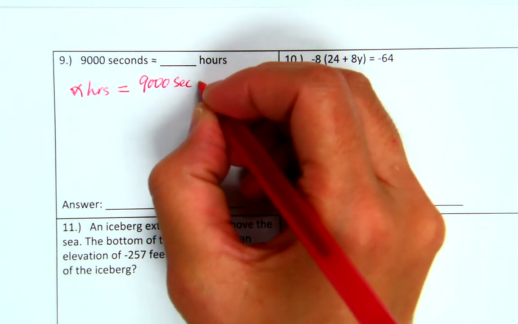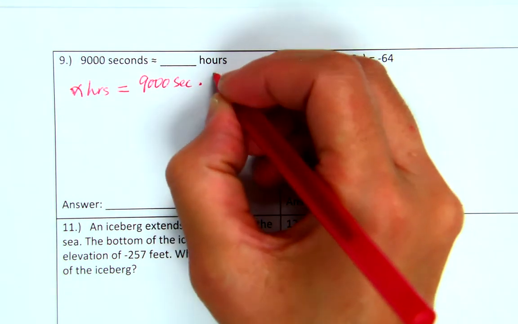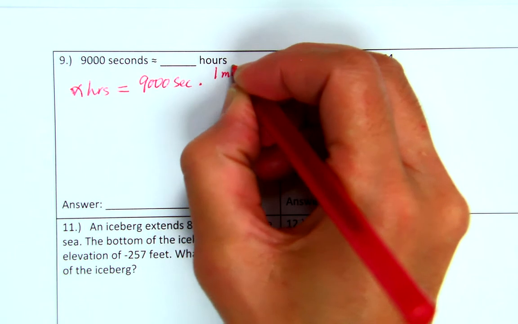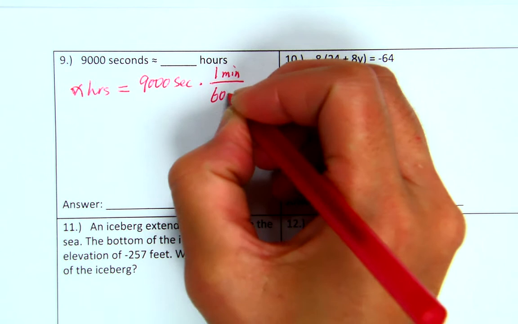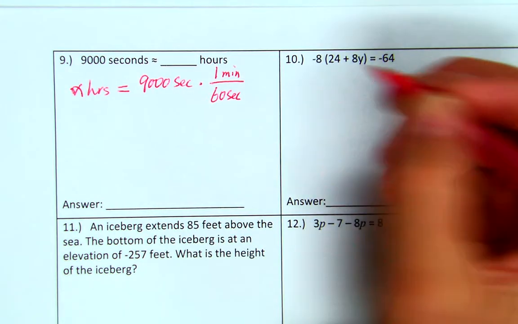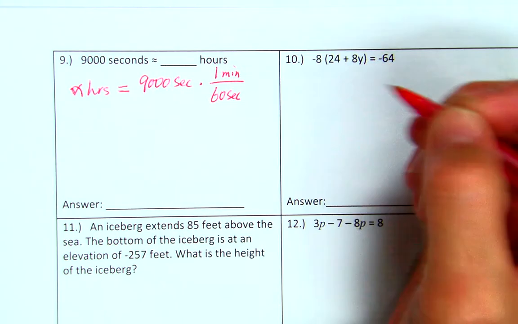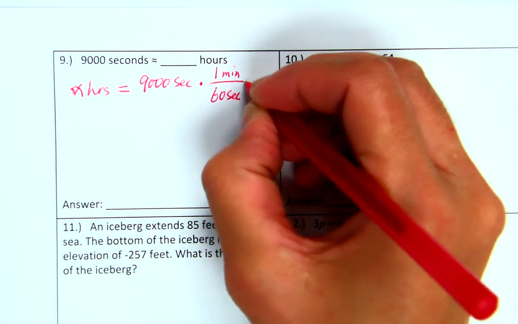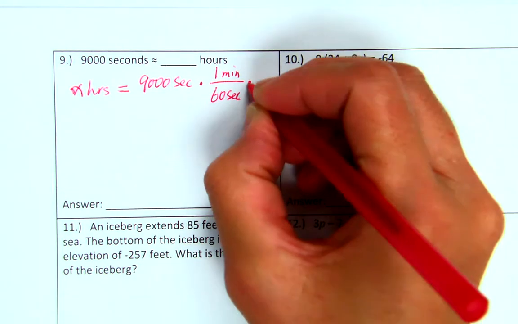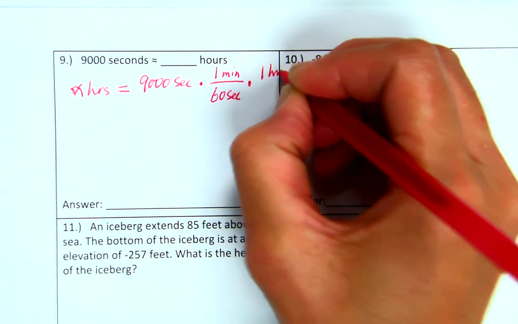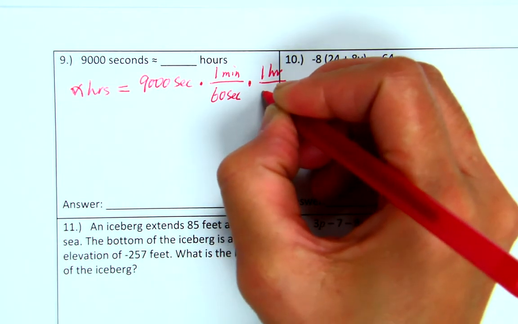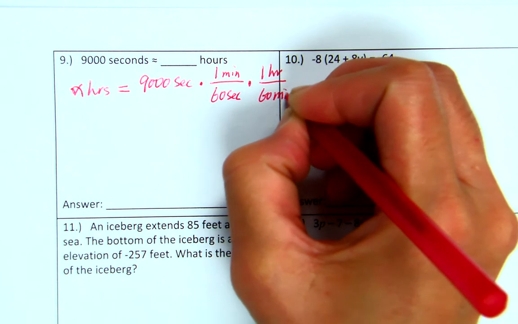So just think about, I know 1 minute equals 60 seconds, and 1 minute and 60 seconds is the same thing, so you can put it that way, and you can multiply by 1 hour equals 60 minutes.